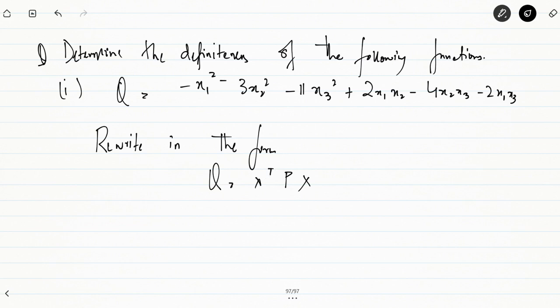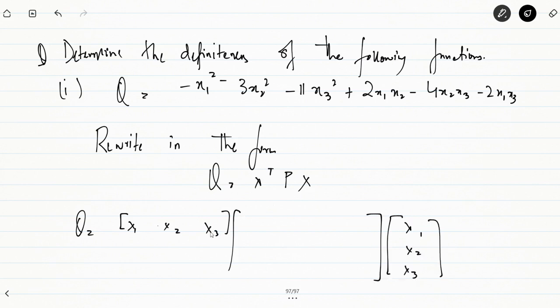So in this case, we have this equation Q. We need to put x1, x2, x3 something times x1, x2, x3. Fine. So this product should give us back the original function, that is minus x1 square minus 3x2 square minus 11x3 square, and so on.